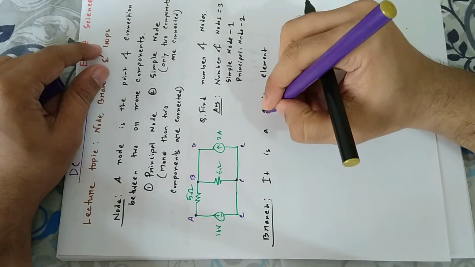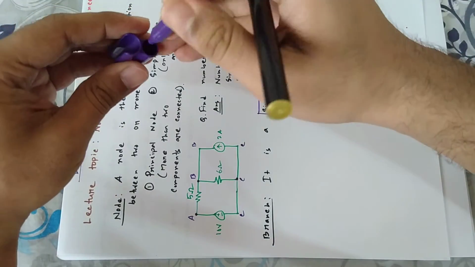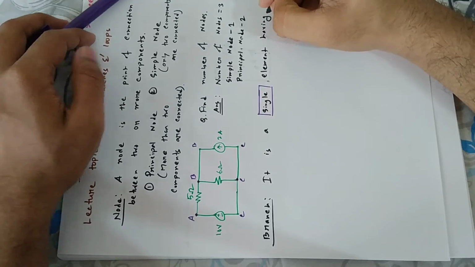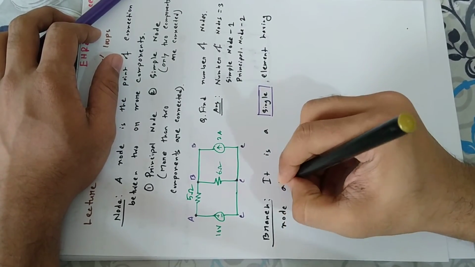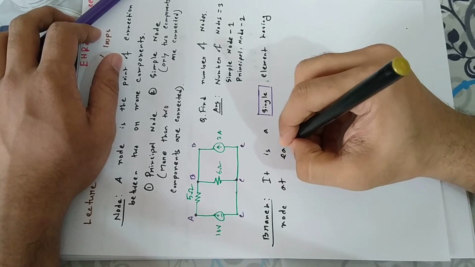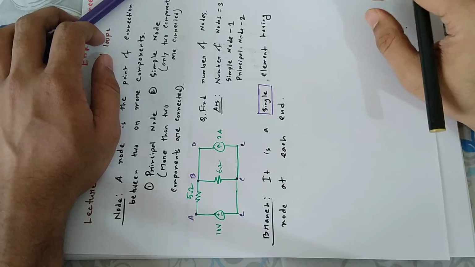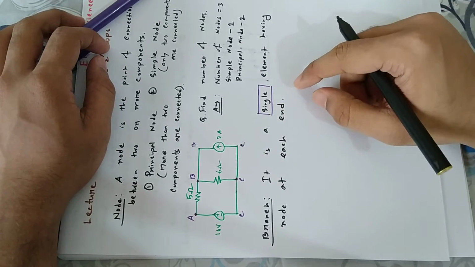This is a very important word. This is a single element having a node at each end. Okay, a branch is a single element having a node at each end.